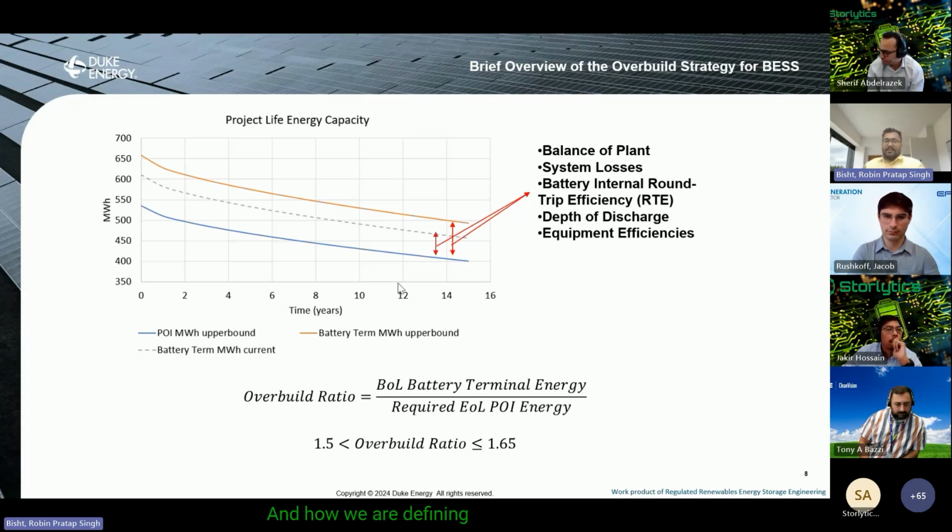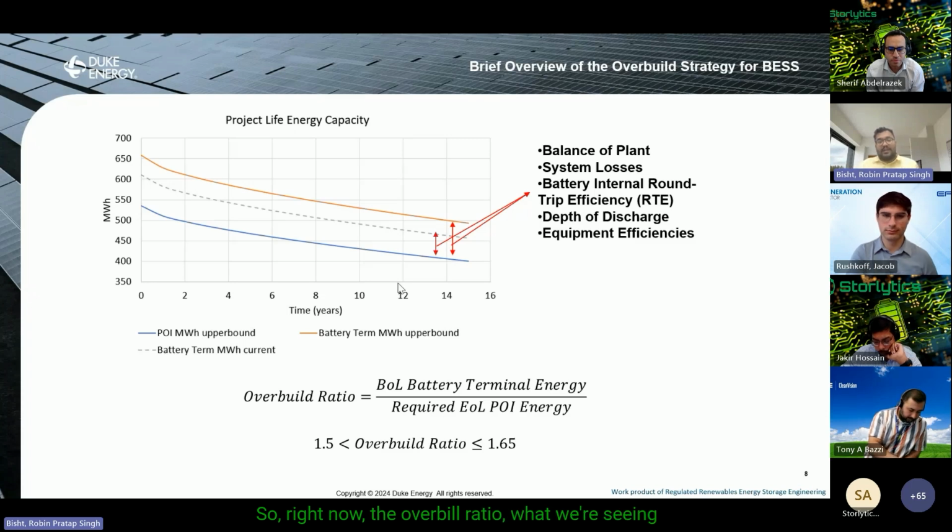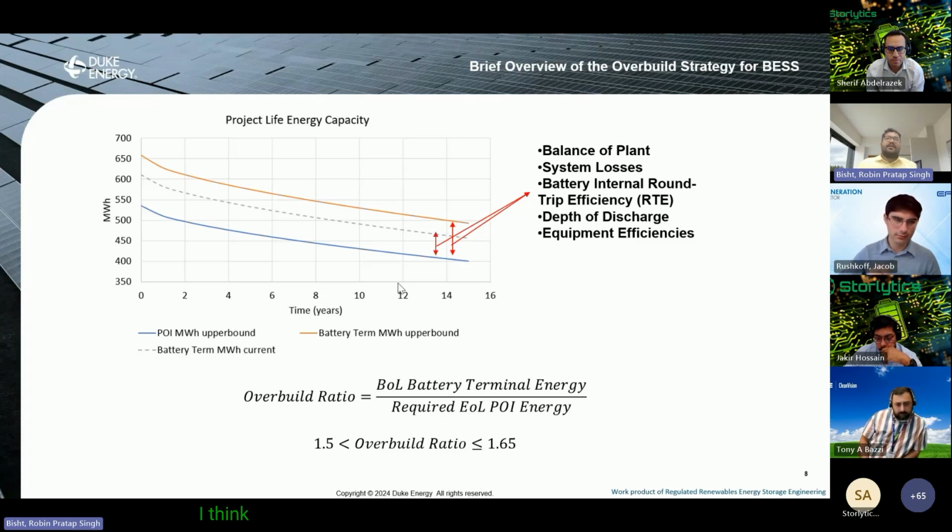How we are defining the overbuild ratio is the energy at the beginning of life at the battery terminals relative to the required end of life POI energy. So right now the overbuild ratio we are seeing is 1.5 at the lower end to 1.65 on the higher end. 1.65 was, I think, a few years back, with earlier technology.